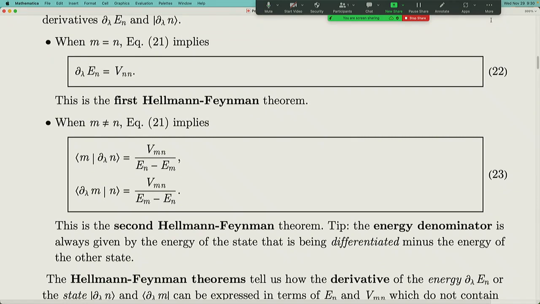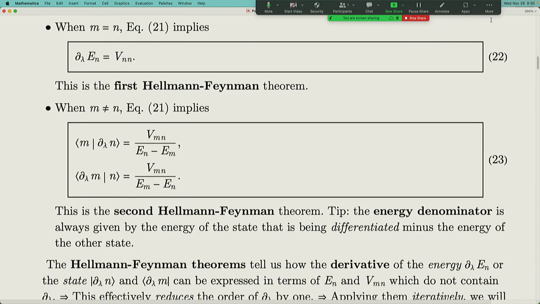This Vmn comes from the perturbation operator, the first order derivative of the Hamiltonian evaluated at lambda equals 0, and this E is basically the eigenvalue of the Hamiltonian evaluated at lambda equals 0. So everything on the right-hand side is what we know at lambda equals 0. That's how we can use the knowledge at a single point, lambda equals 0, to infer something away from that point.